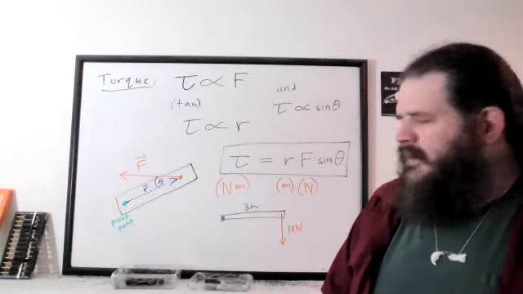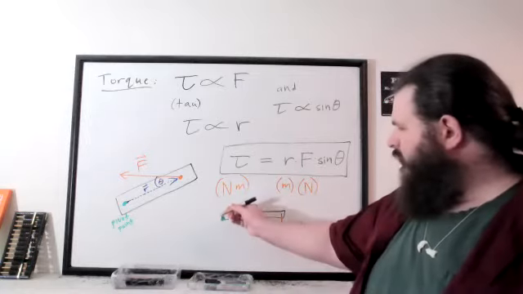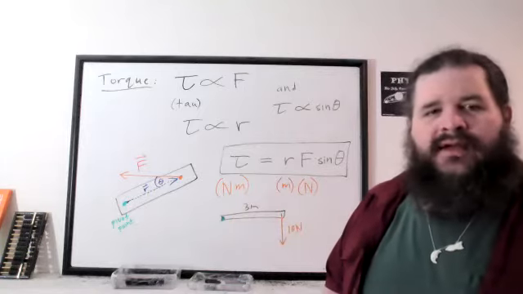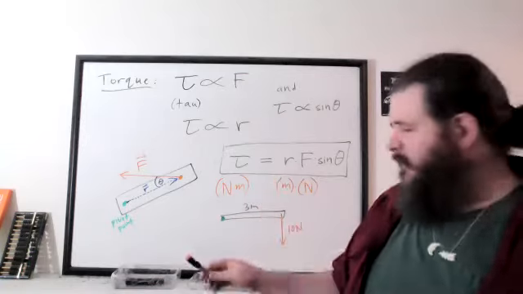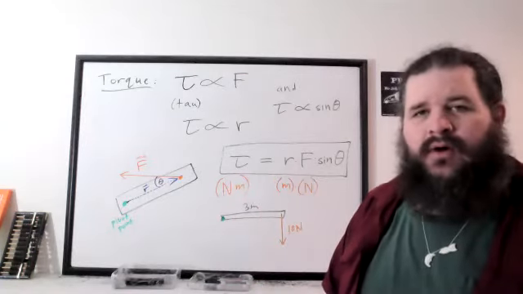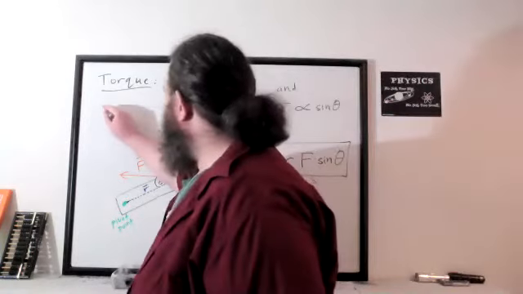But this means we're also going to need to consider direction, because as we just saw, if an object is already rotating and you apply a torque to it, whether that torque makes it spin faster or spin slower, or maybe even change the direction it spins, depends entirely on which direction you're applying the torque. That suggests torque is a vector.